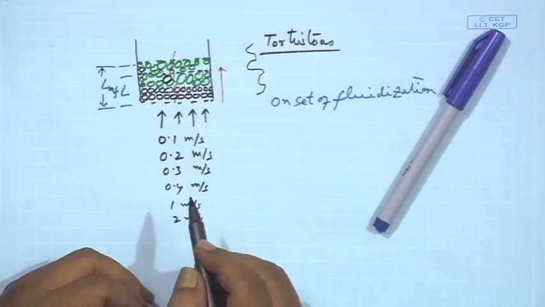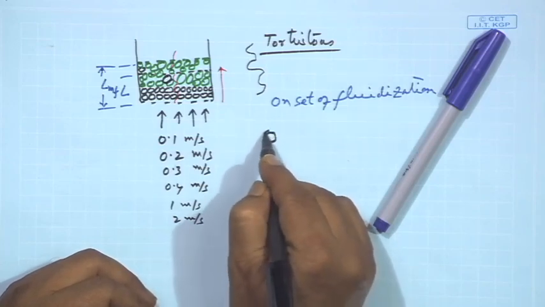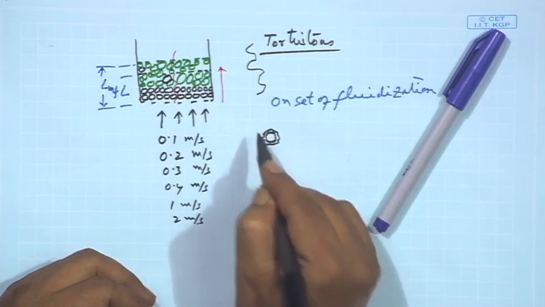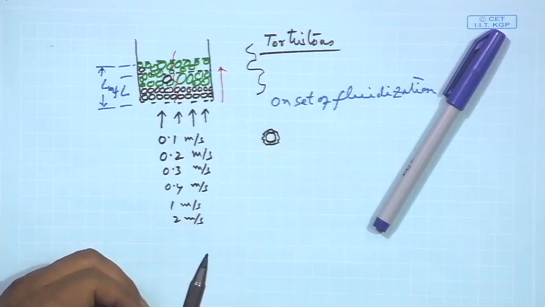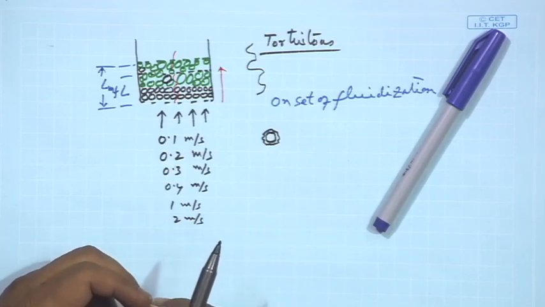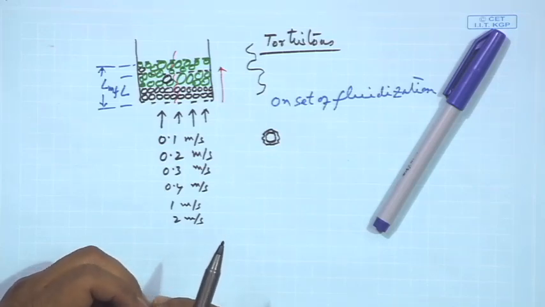If that be so, then why do we do it? What is the need? The need is that the moment you are doing this, each particle, say this particular particle, will have that gas all around it. So, the entire surface area of the particle will be exposed to the gas.